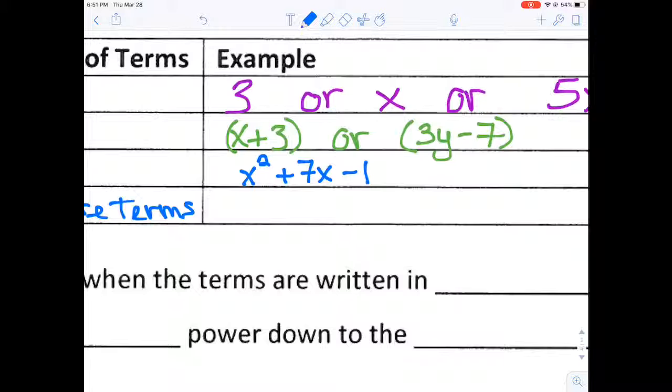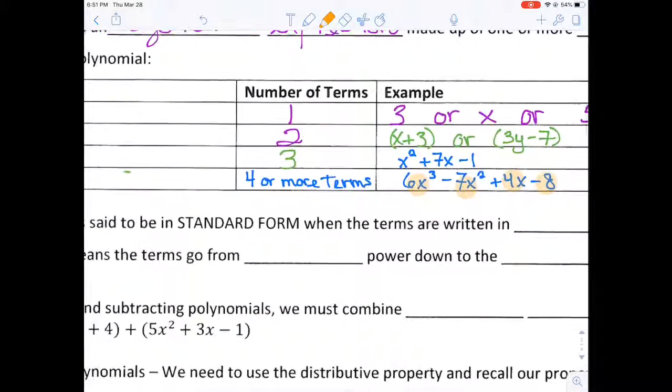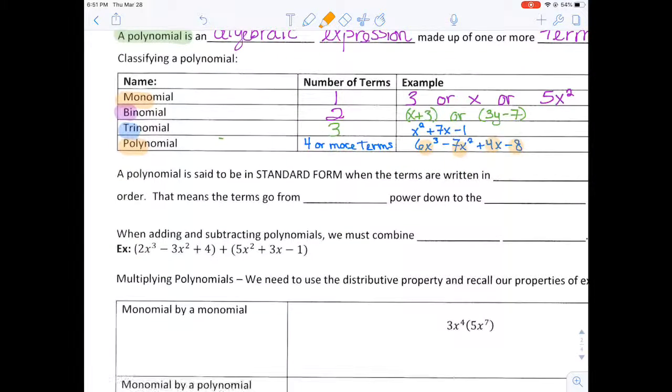But if you see like 6x to the third minus 7x squared plus 4x minus 8, because there are 1, 2, 3, 4 terms, that's why we're calling it a polynomial instead of more specifically a monomial, a binomial, or a trinomial. So in part of your assignment, you're going to be asked to classify the different types of polynomials, and those are the 4 terms you're going to use to classify: monomial, binomial, trinomial, or polynomial.